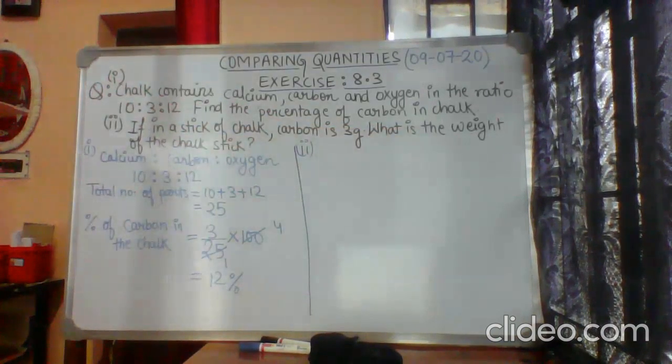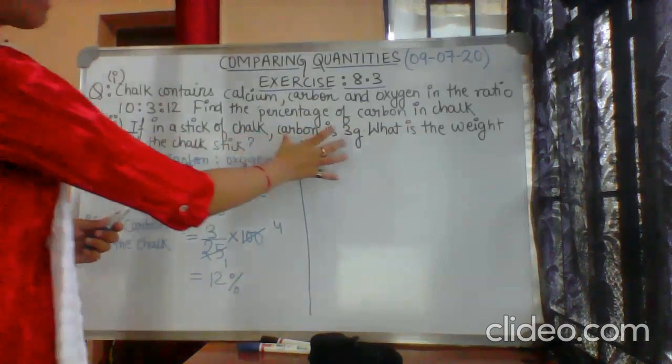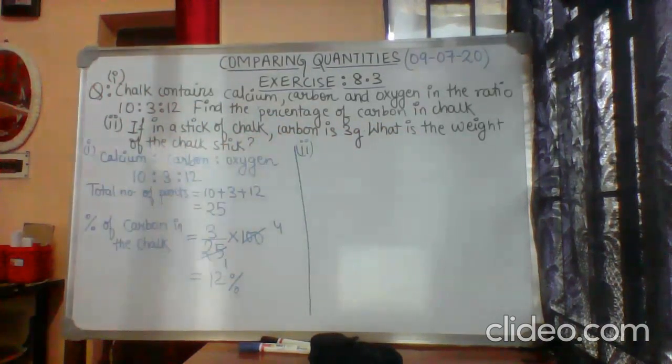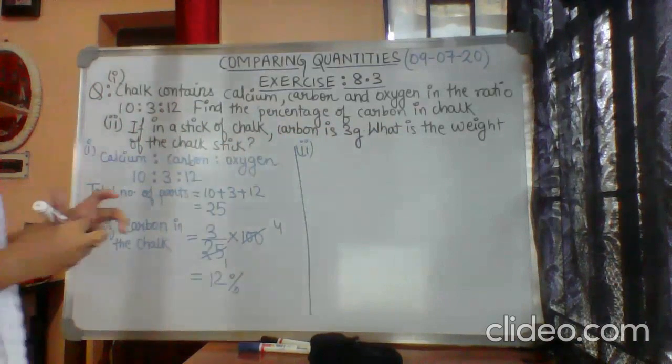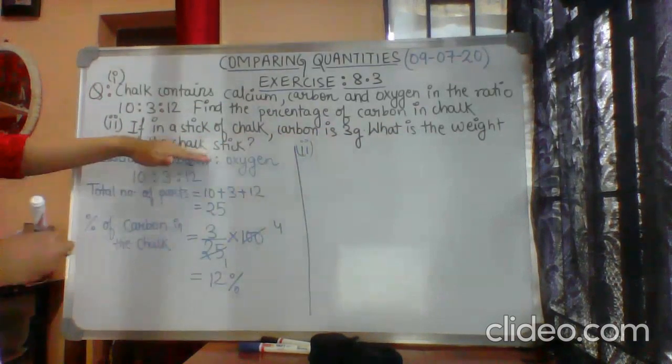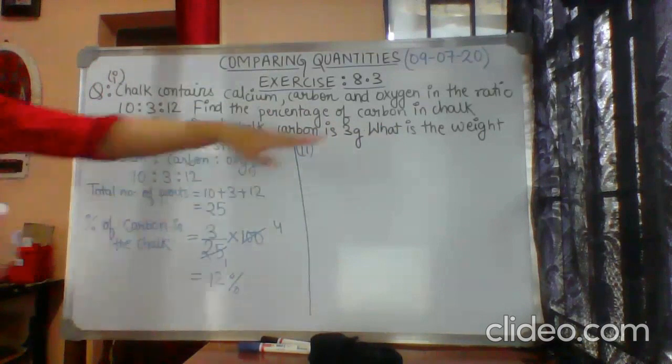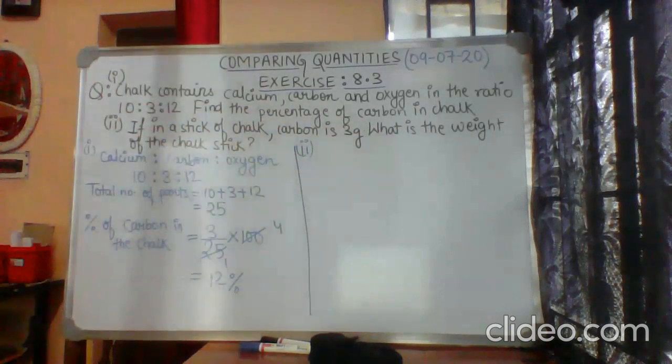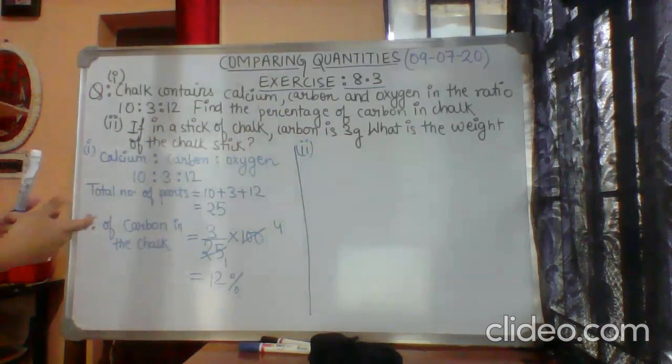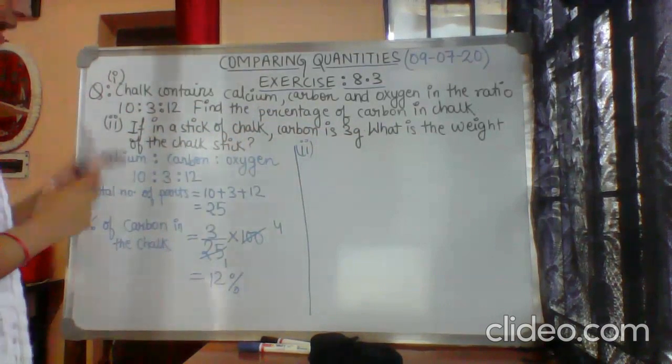Now you have to find the total weight of the chalk stick. We know only the carbon amount, but we have to know the weight of the whole chalk. So how to find out? Whatever we don't know, we will let that be x.